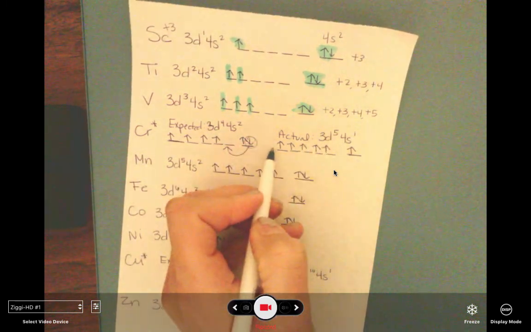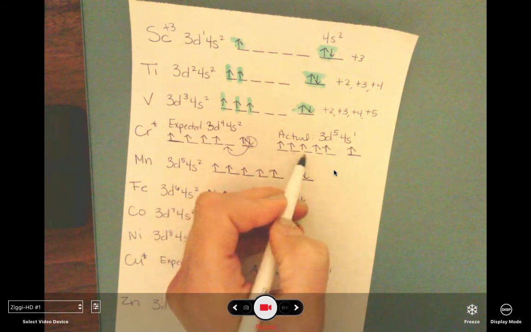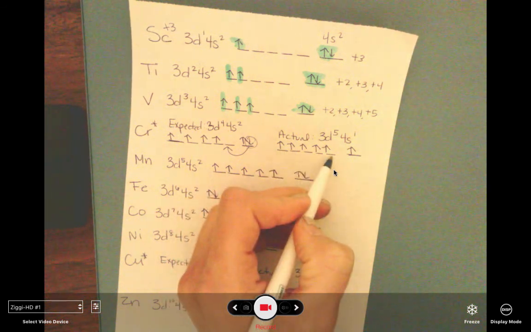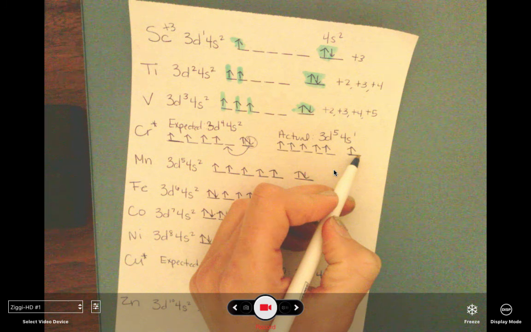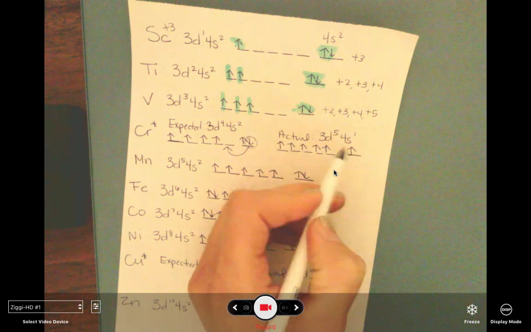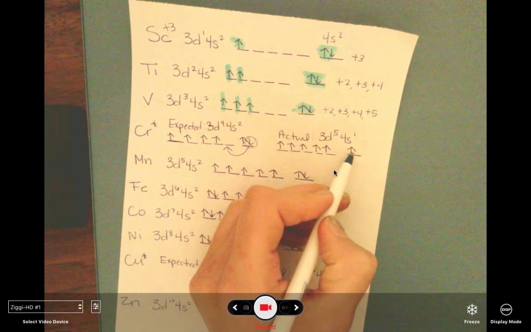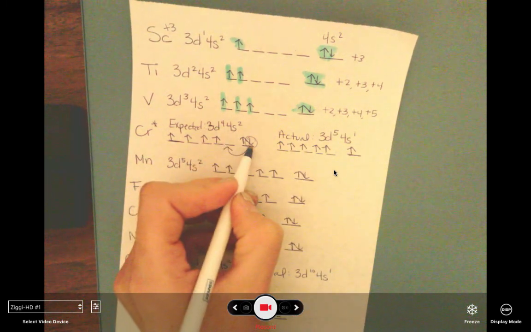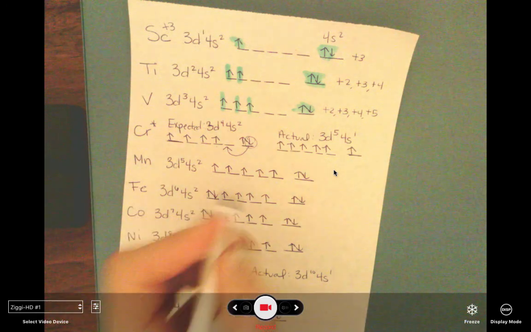It turns out it's more advantageous to fill each lobe halfway in the d block than it is to have a full valence s orbital. So it pulls from the s to fill the d, and chromium can take on a lot of charges.